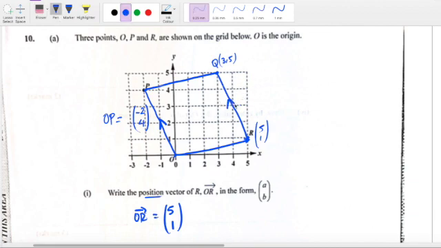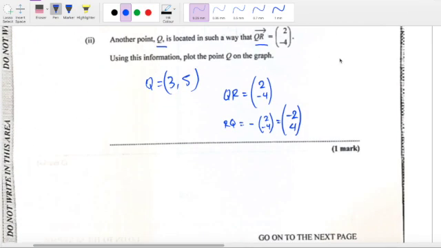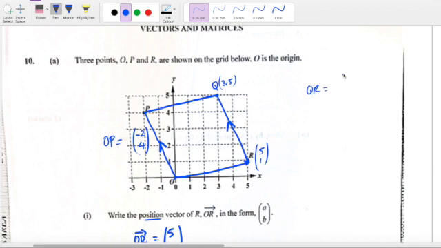Let's go RQ. If QR is 2, -4, then RQ will be negative in front of that, so we'll get -2, 4. So -2, 4 is RQ. We see OR is 5, 1, and PQ is also 5, 1.